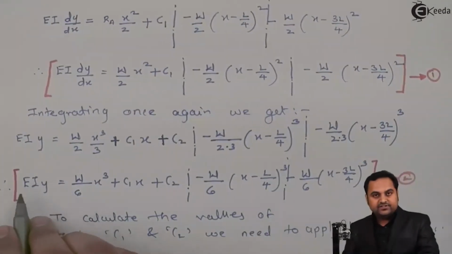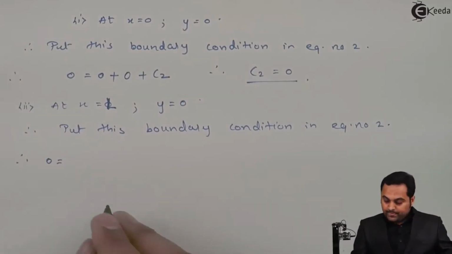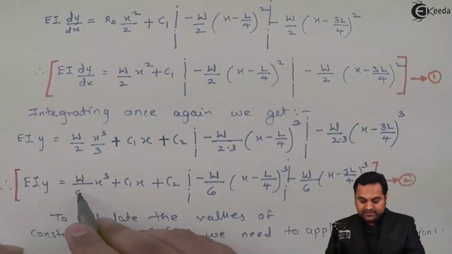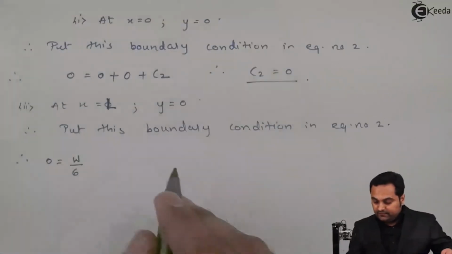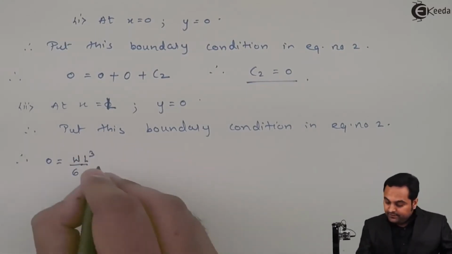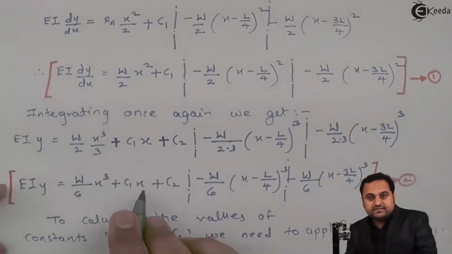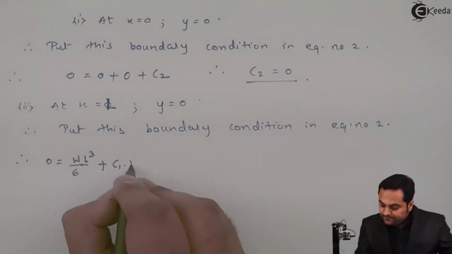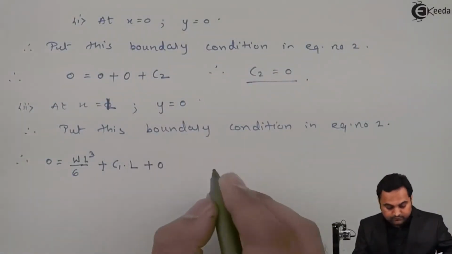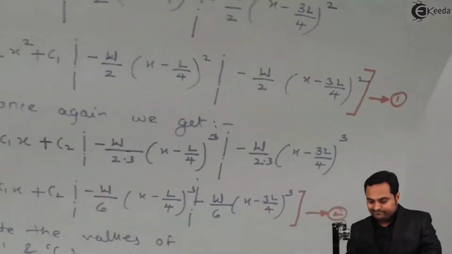So we have this left hand side will be 0 because y is 0. Next, on the right hand side I have W by 6, which is as it is. Instead of x, I'll put the value as capital L, so L cube. Then plus C1 is as it is, x is L, plus C2 is 0, then minus W by 6.